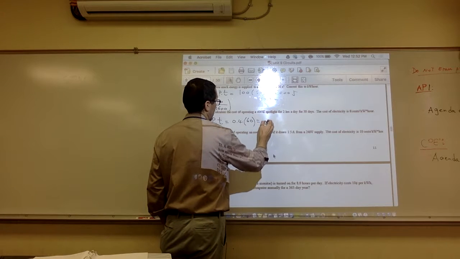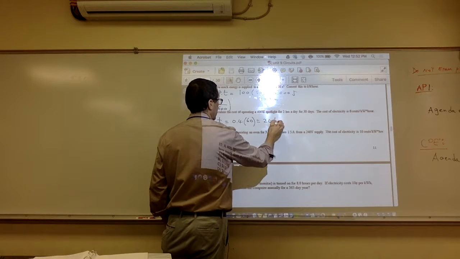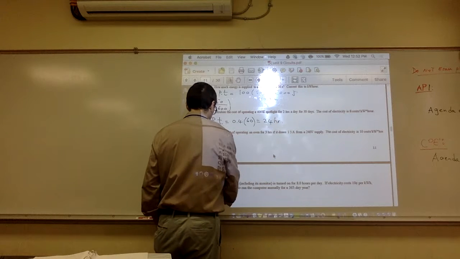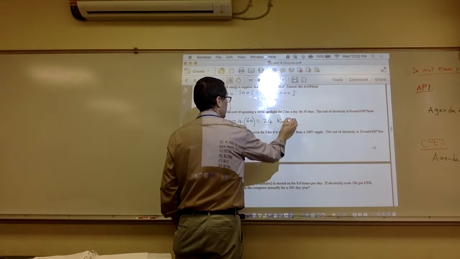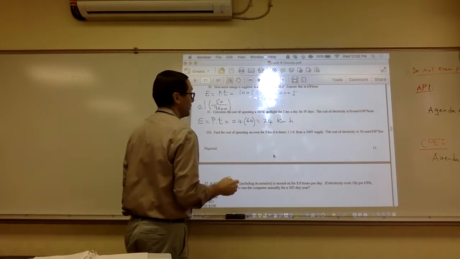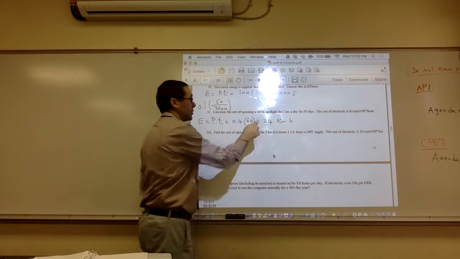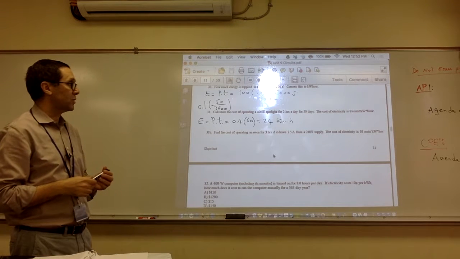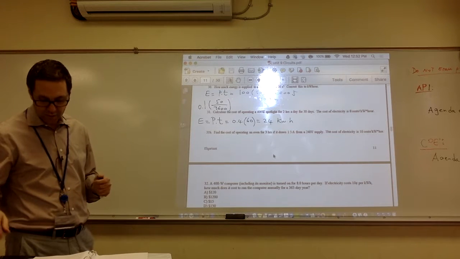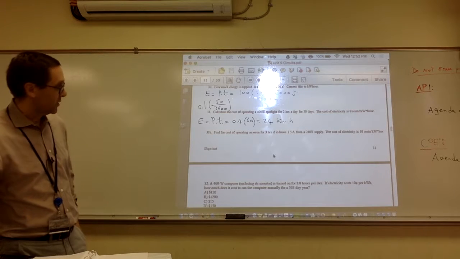So that looks like it's 24, not hours, kilowatt hours. Now, in order to figure out the cost, you just take 24, multiply by 0.08, or you can multiply by 8 cents, get your number in cents, and divide it by 100 to get your dollars. So it should be $1.92.